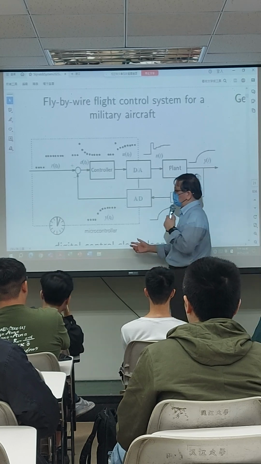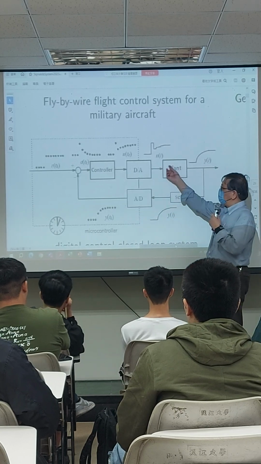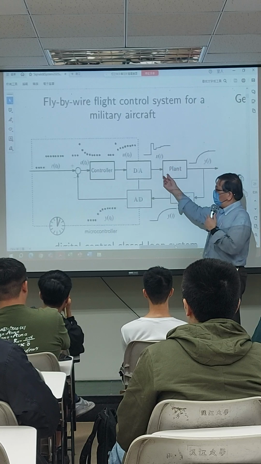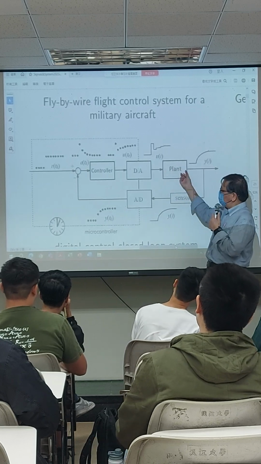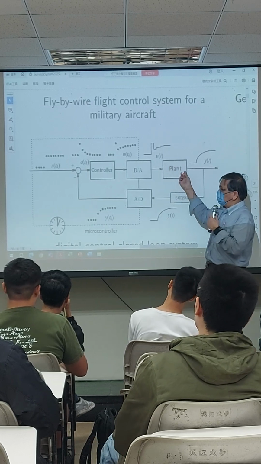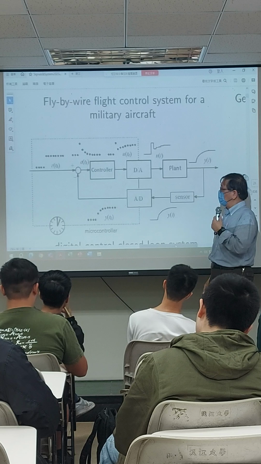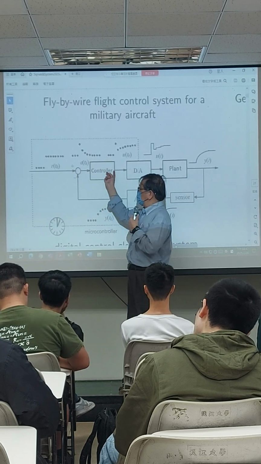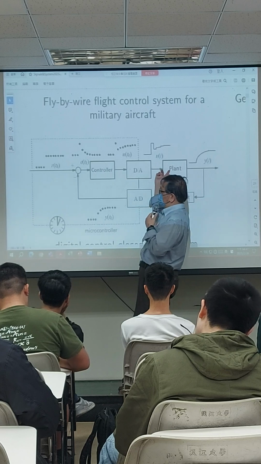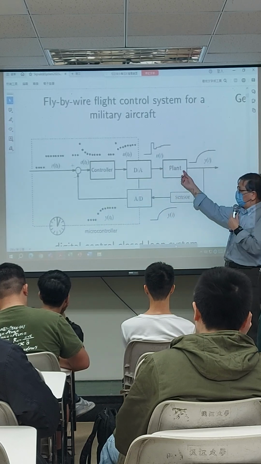You can see that it consists of the plant. So this is the one you are going to control. If it is an aircraft, this plant is an aircraft. If this is a CD player, this is the CD player. And also you have a controller to control the system, to control the plant.